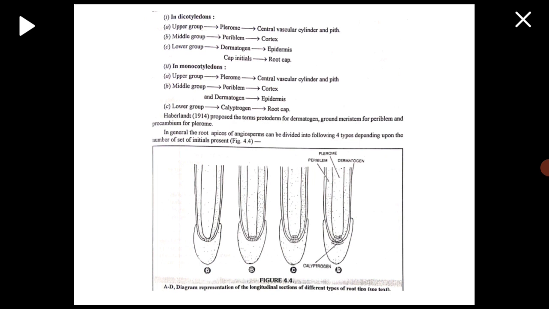Four rows of initials: the plerome forms the central cylinder, periblem forms cortex, dermatogen forms epidermis, and a fourth layer, calyptrogen, forms the root cap. Example: Zea mays and the majority of monocots.